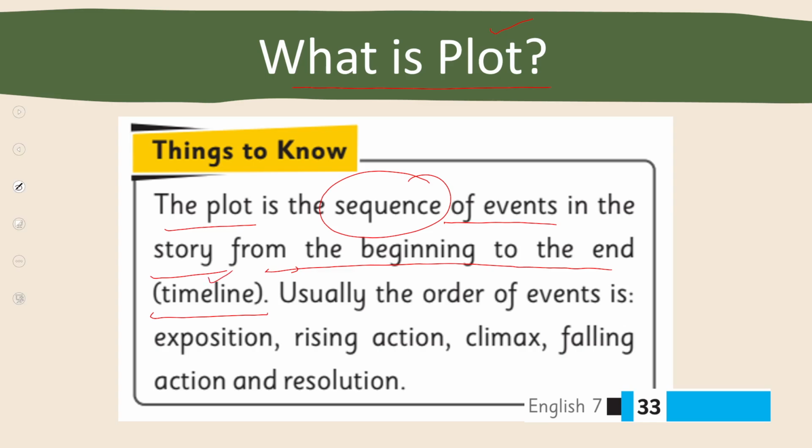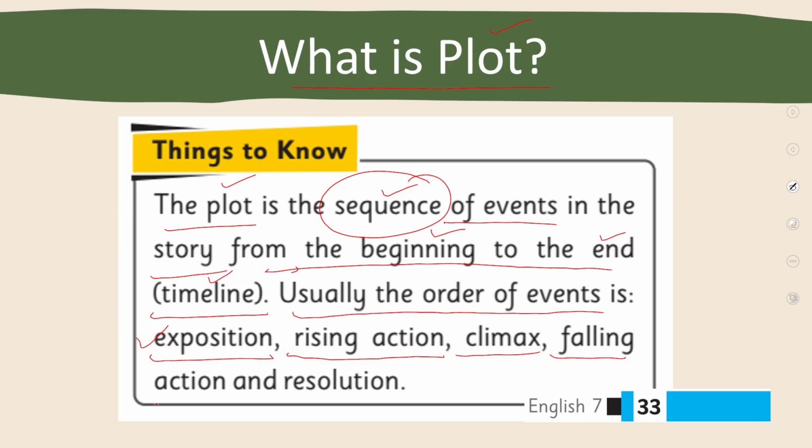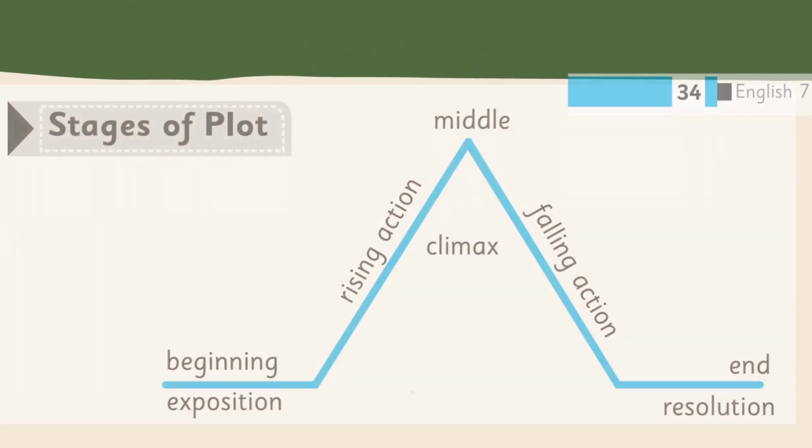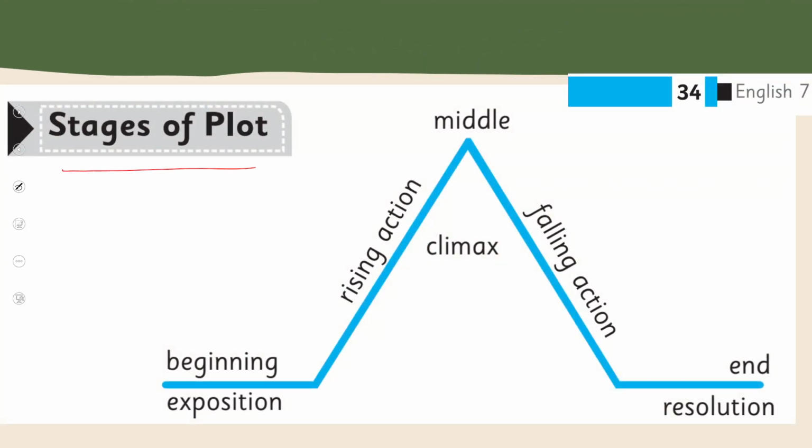So a story, as we know, in a story there are different events, but how the events are sequenced, that is what we call a plot. It has a beginning and it has an ending and also a middle part. So usually the order of events is exposition, the beginning, rising action, climax, falling action, and finally resolution. So we will be seeing all these different stages in our topic, which is about stages of plot development.